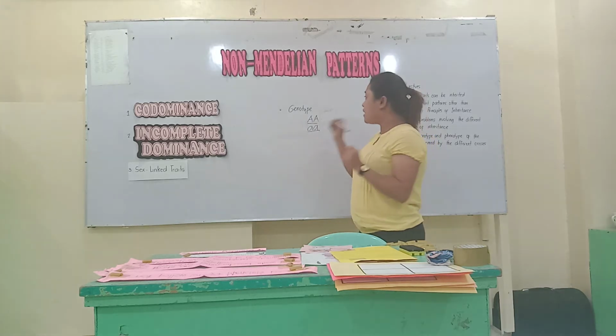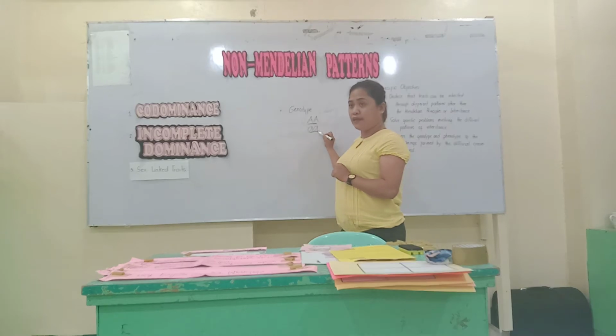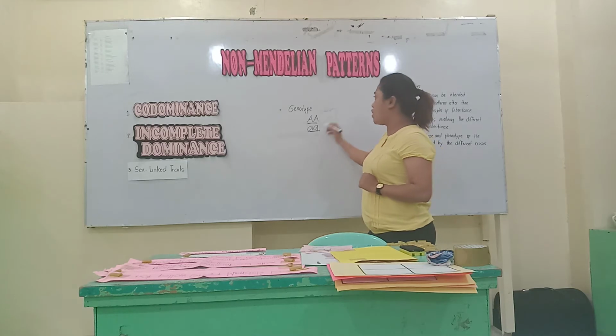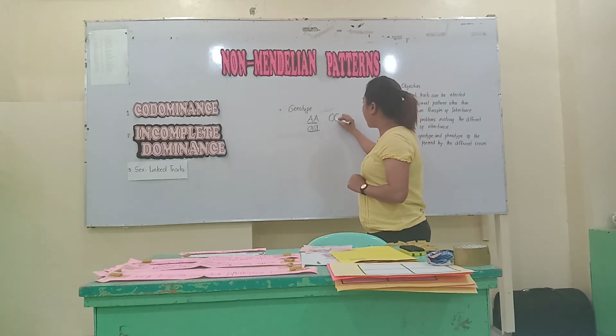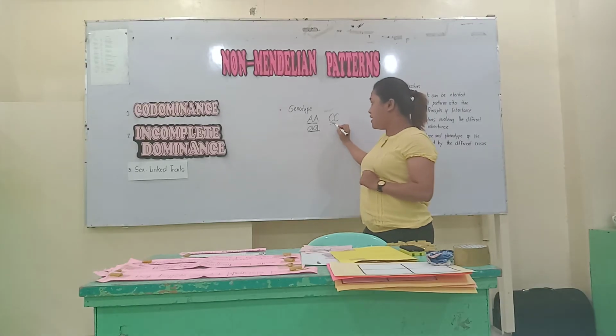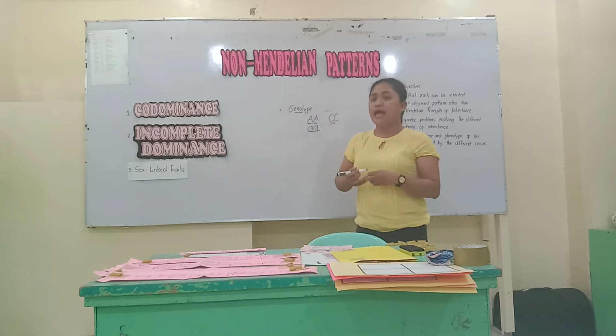So we can see it when we see letters like this, a set, pairs. Another example is big letters C. Big letters C is an example of a genotype.